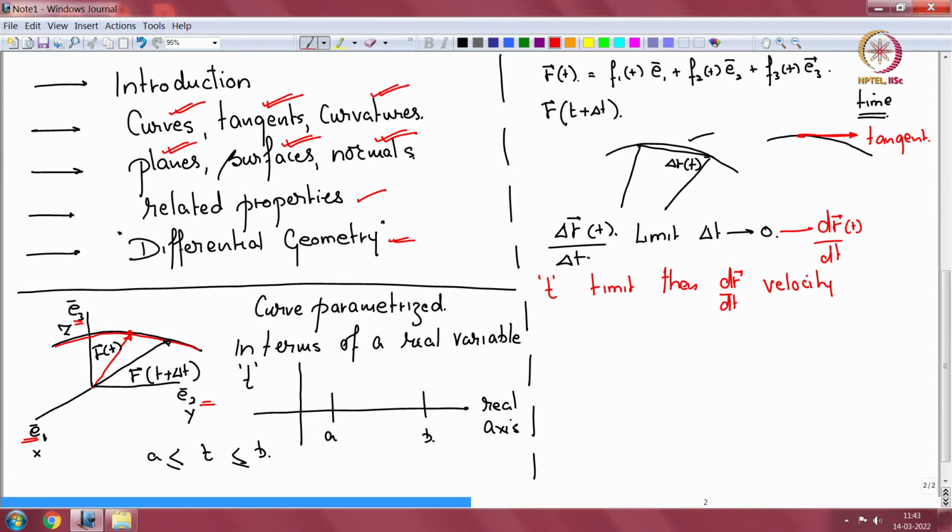Now, in here we have this arc length, and we have this chord length. Okay. So, the thing is, what is the arc length?